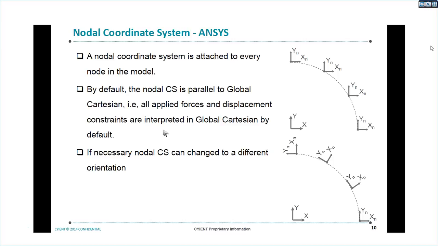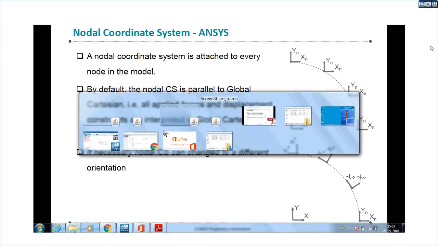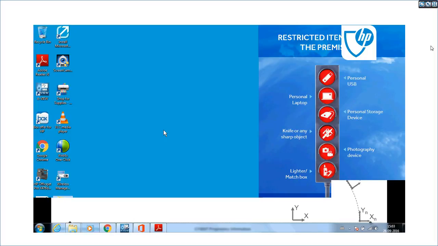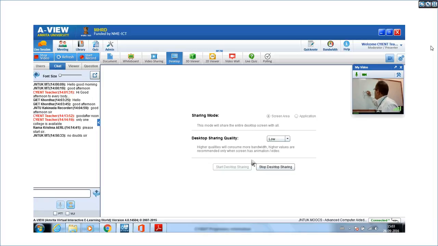So let us take a very simple example. We'll take a cantilever problem. Apply a load to this geometry. I need to apply a vertical load. How do I do it?